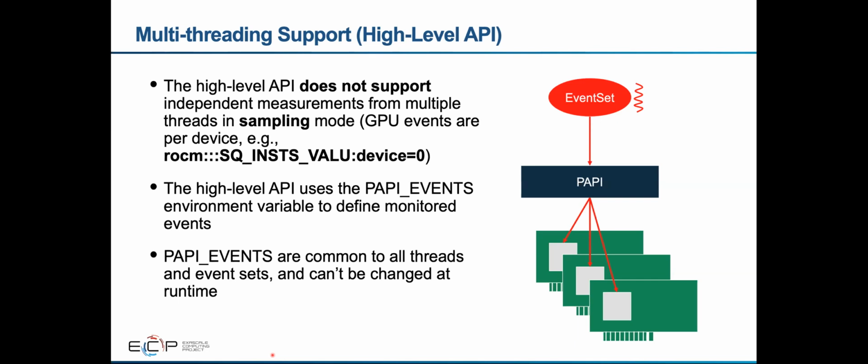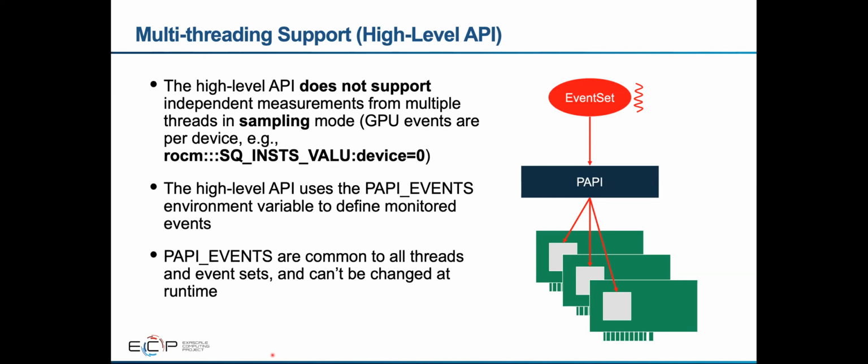What this means in terms of profiling modes, because the user also needs to keep in mind what profiling mode it is currently using, is that in sampling mode, it is not possible to use the high-level API in multi-thread monitoring because of the previous considerations: two threads are not allowed to monitor the same device at the same time because they will interfere with each other's readings.